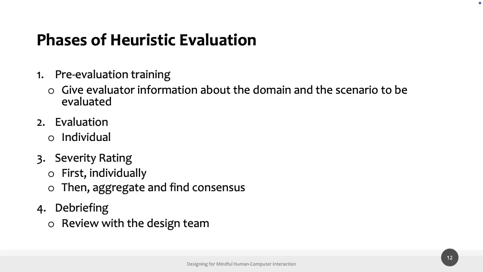More in detail, the steps. The first step is typically to give some training to the evaluators. This is because the application is typically designed for a specific domain. Maybe it's a mobile application for doctors or for astronauts, I don't know.